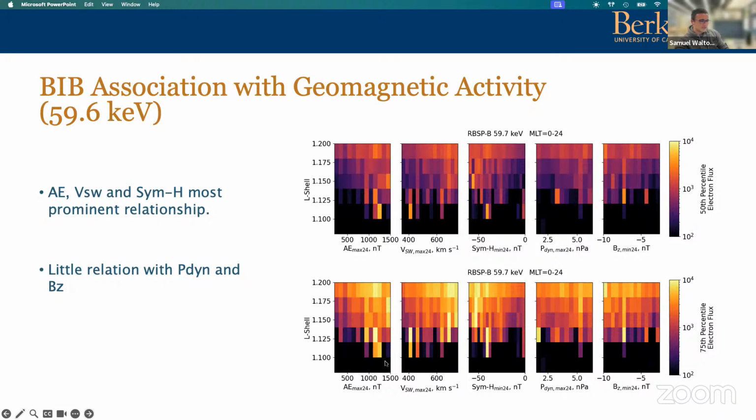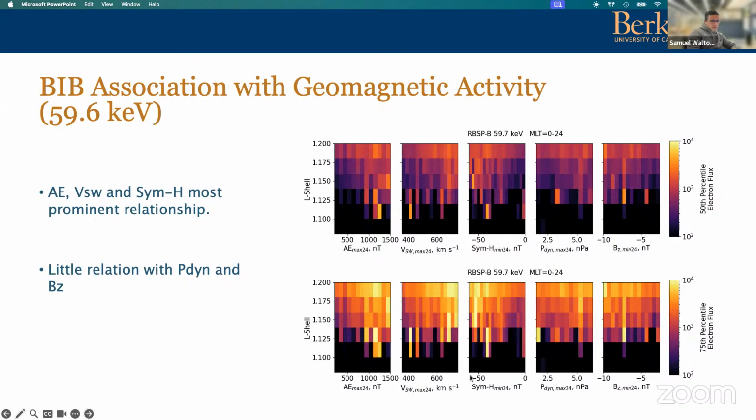Three of these parameters are the ones showing some kind of relationship. So AE in particular, maximum AE in the past 24 hours: as AE increases, you get higher fluxes below L of 1.2, and they're also more likely to get to lower L as well. The same with solar wind speed, and also the same with SYM-H.